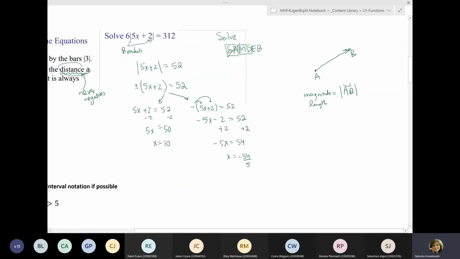I kind of mentioned this before to you guys when we talked about x squared equal to 4, how you do square root of both sides. And this actually represents an absolute value because absolute value makes things positive. Well, if you square something and then square root, it's going to become positive just like absolute value was, right?